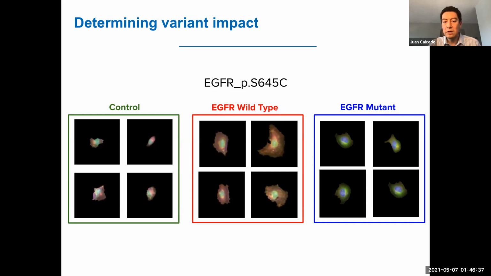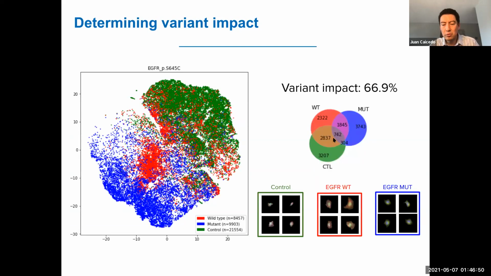So in this case, we compare the original type of the gene versus the mutant just by looking at images again, and we can see that there is a difference just by eye. The question is, how can we quantify it?